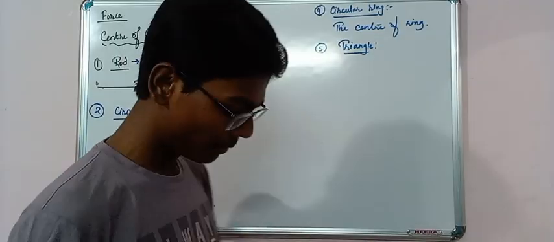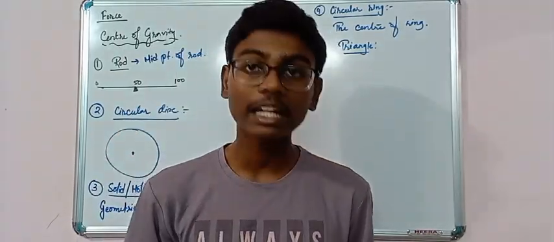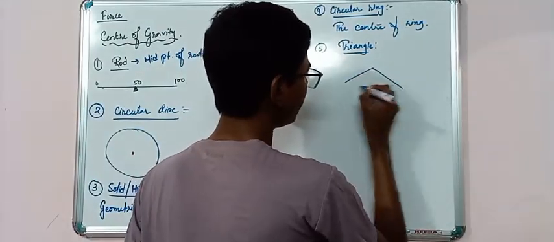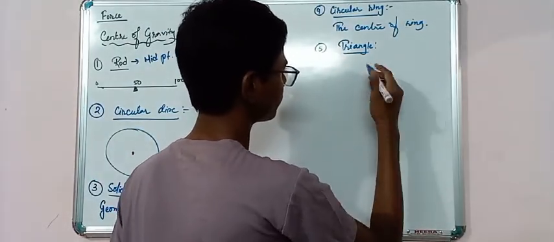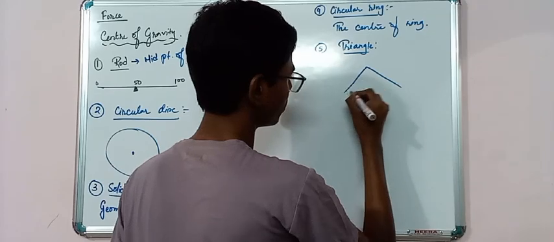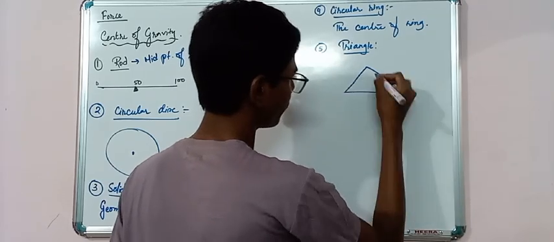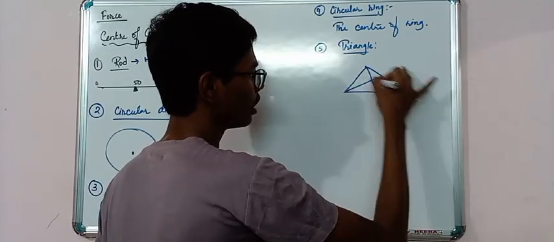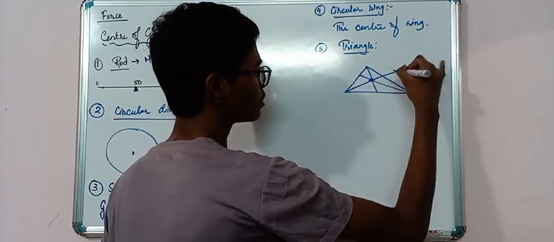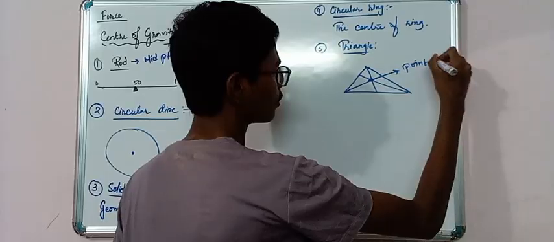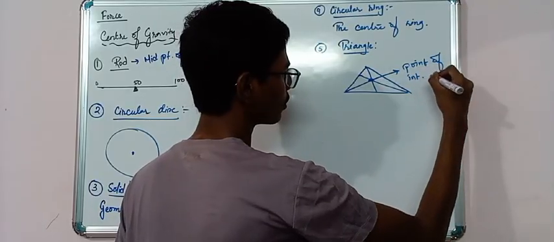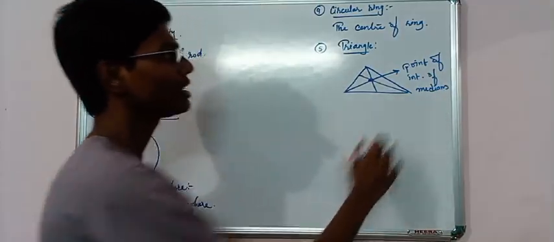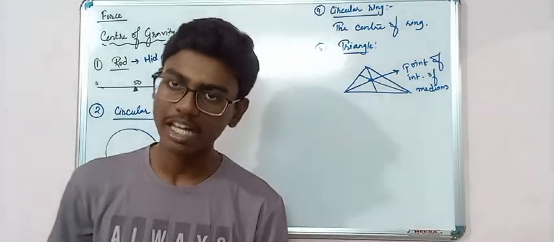For a triangle, the point of intersection of the medians is the center of gravity. That means if I draw a scalene triangle, the point of intersection of the medians, I'm just roughly drawing it. Point of intersection of the medians, okay? Point of intersection of the medians is the center of gravity.